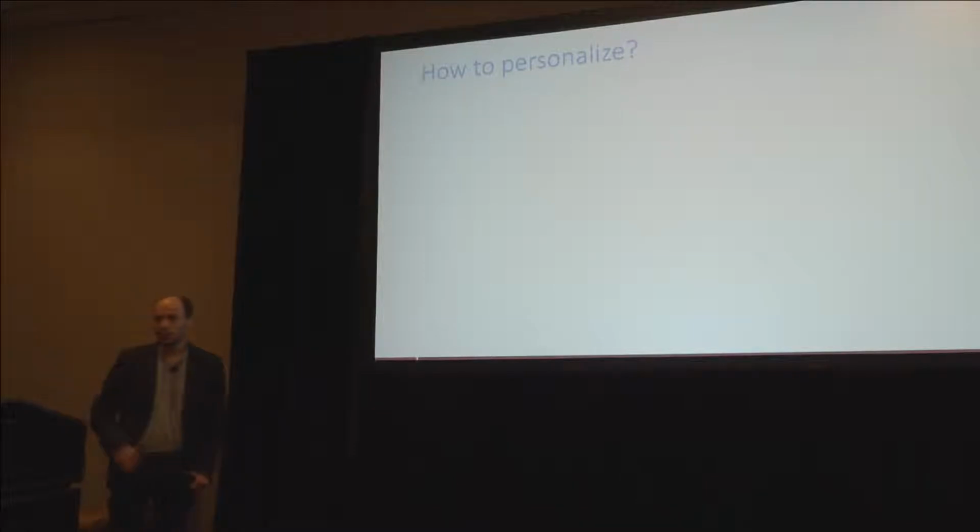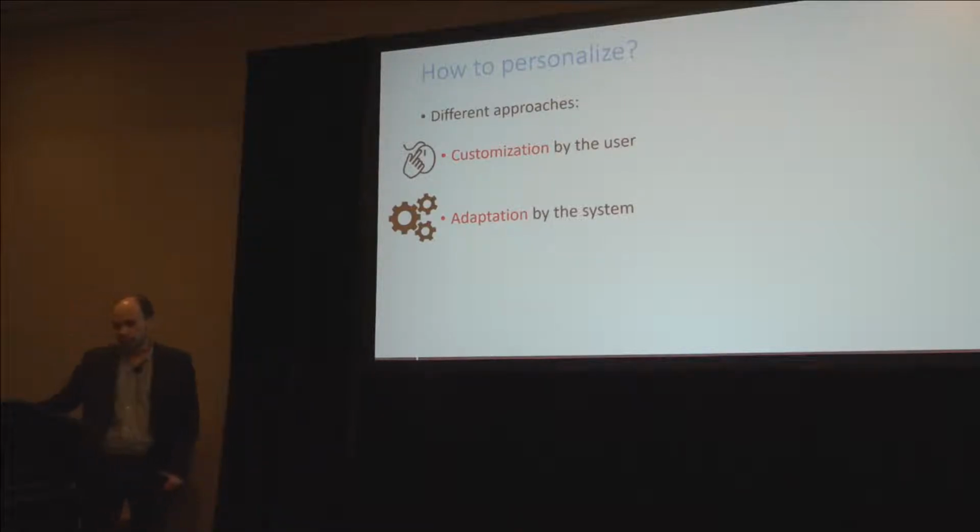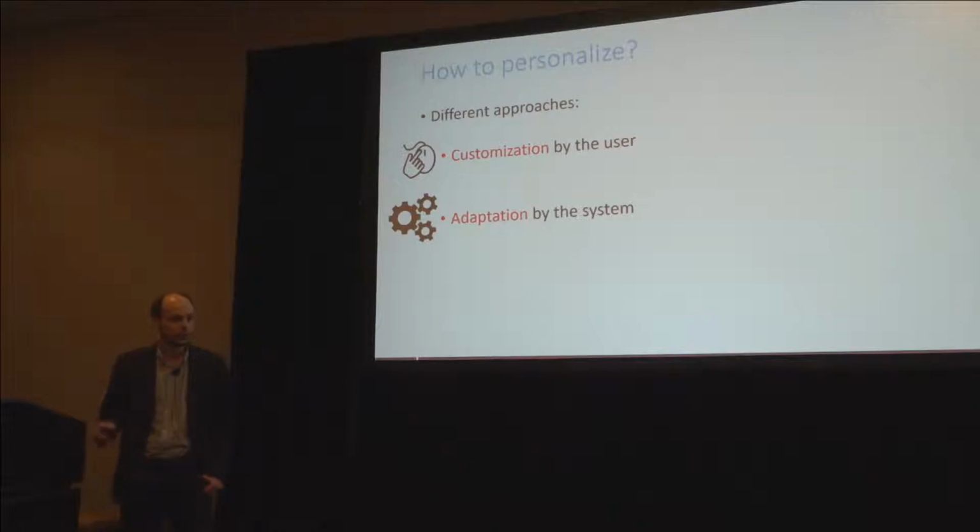And one key question here is, how do we personalize visualization? Traditionally, there are two approaches. The first one is to let the user customize it the way they want with interaction features. The other one is to let the system adapt the visualization automatically and dynamically, like in the background.